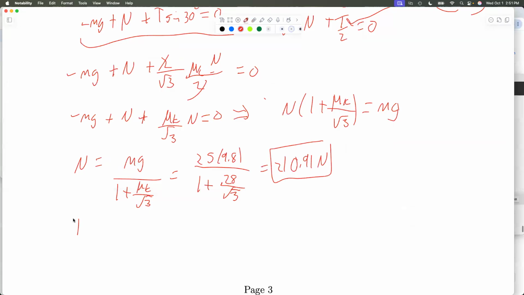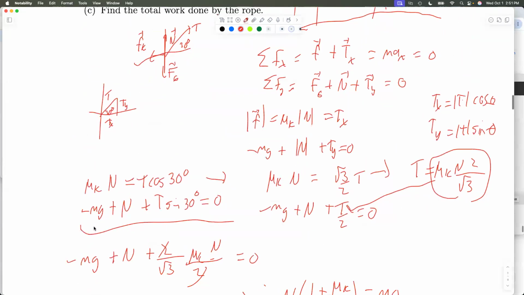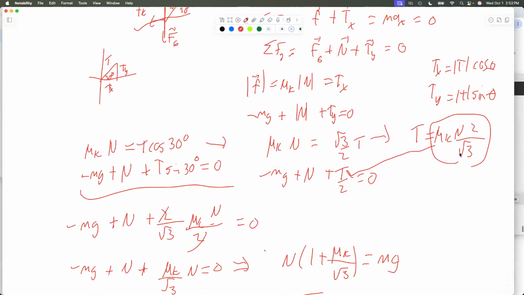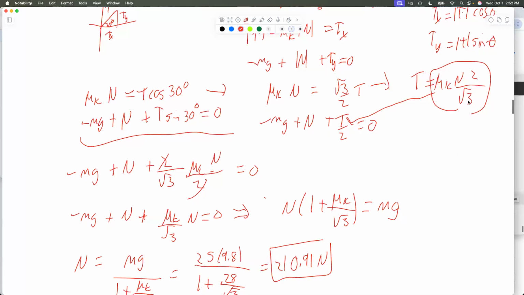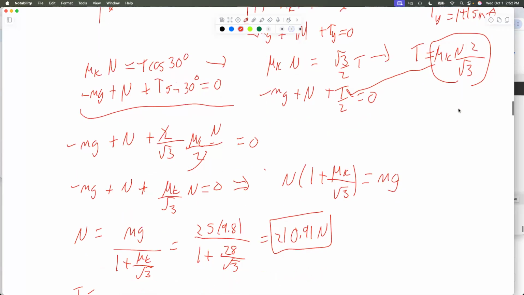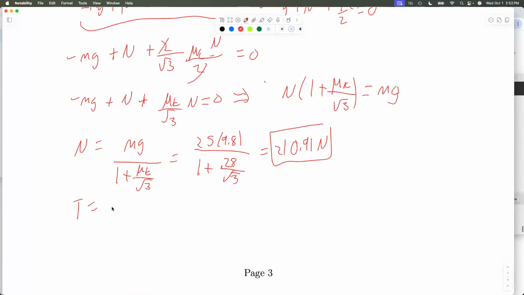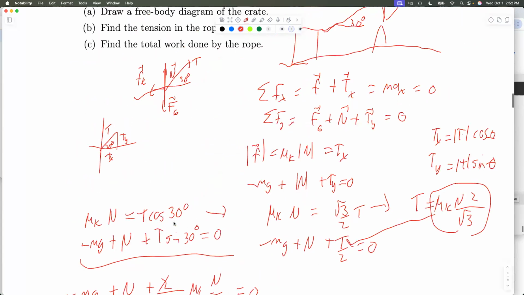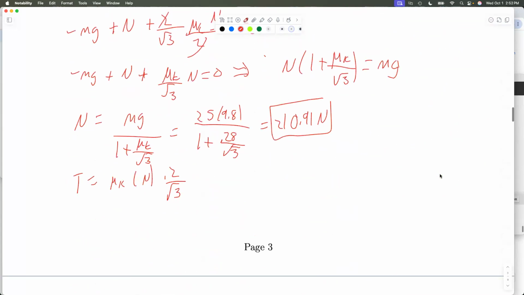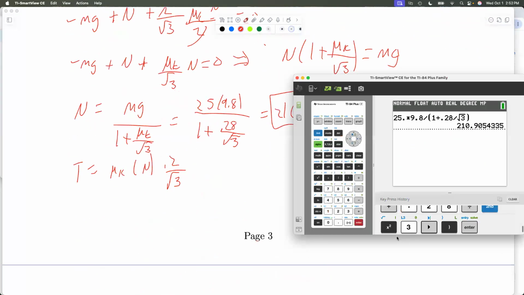All right, now T is going to be that times mu k times 2 divided by root 3. So this will be mu k times n times 2 over root 3. Is there anything else in there? No, I don't think so. All right, so my calculator is smart.